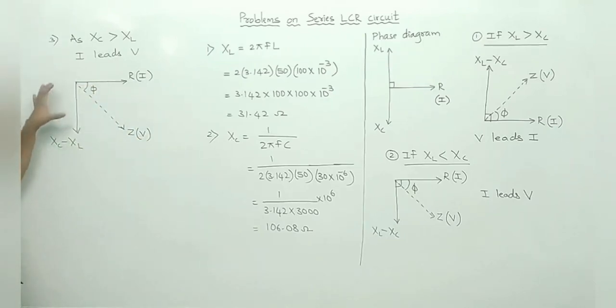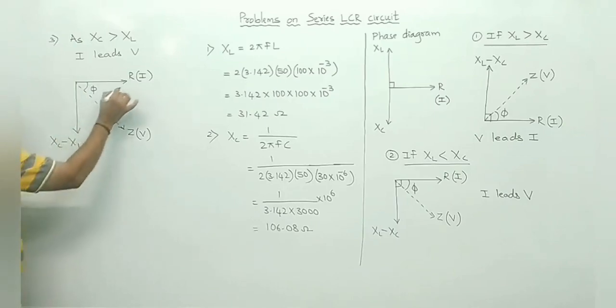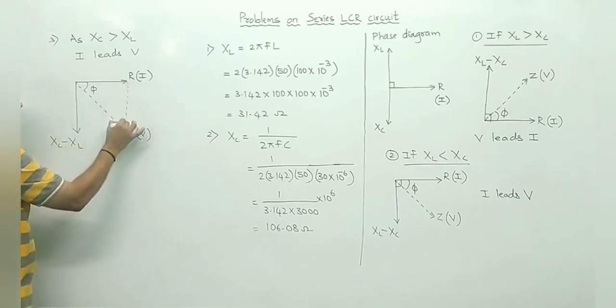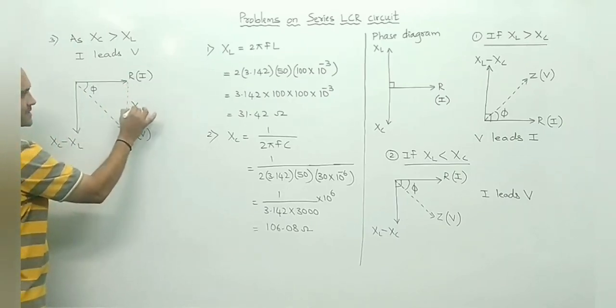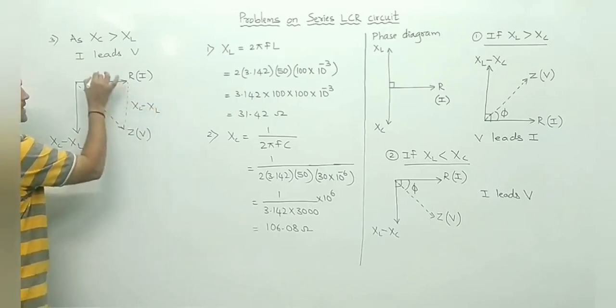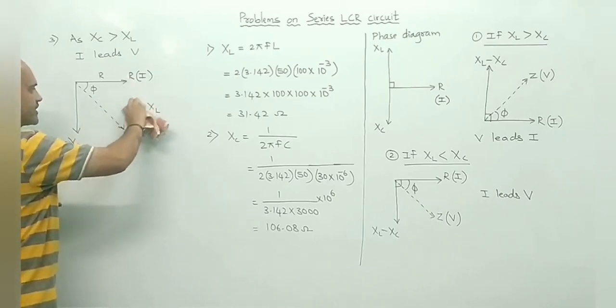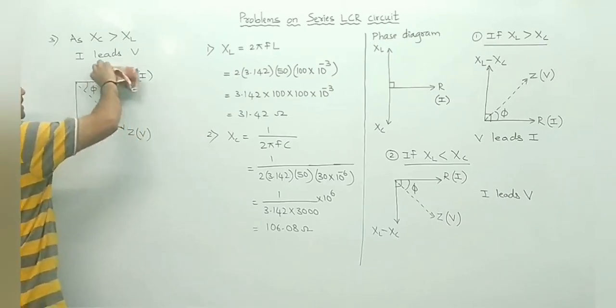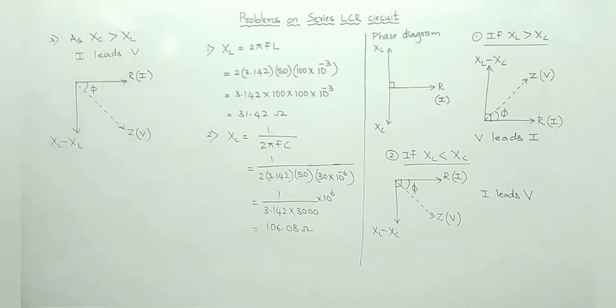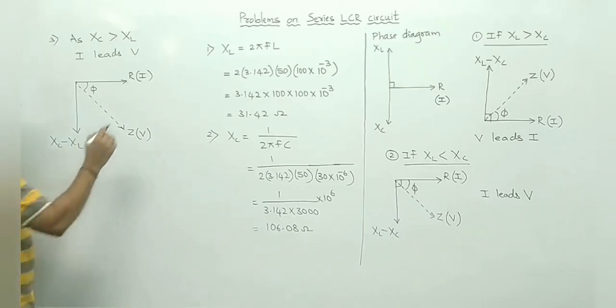Now if I convert this into a parallelogram, this will again be XC minus XL and this will be resistance. So tan phi is equal to XC minus XL by R. I can use that and find phi or phase. Let me draw another diagram, converting this into a triangle.